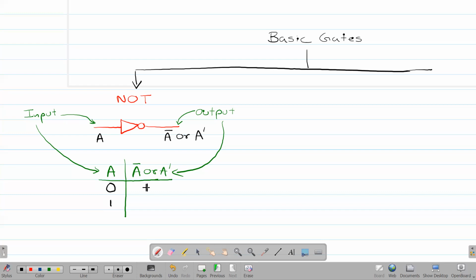That is what we call inverting. If the input receives a 1, then the output is going to become a 0. Simple as that. Are we clear with this, people? Yes, sir. Right.